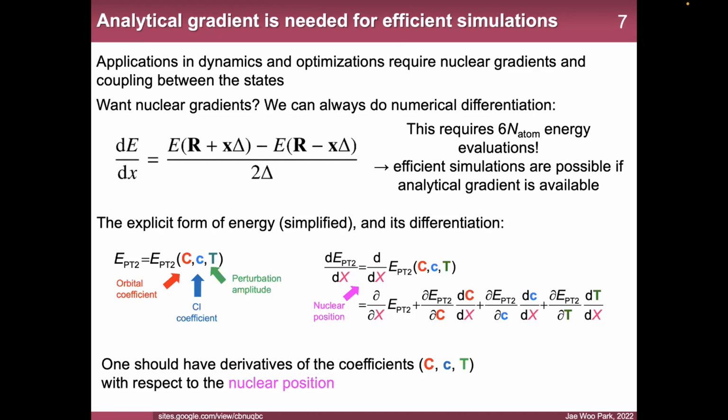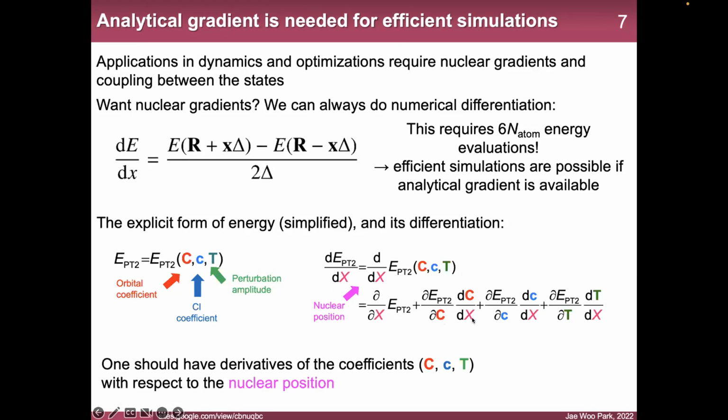This is trivial, right? And how can you derive the formalism for analytical gradients? We can recast the formula for energy as a function of some variables, in this case, orbital coefficients, CI coefficients, and perturbation amplitudes. And then using the chain rule, we can derive the analytical gradient like this.